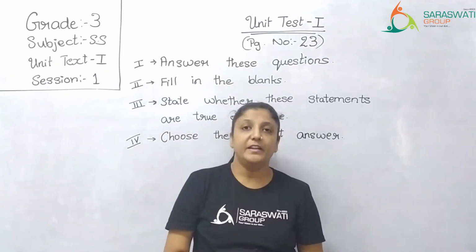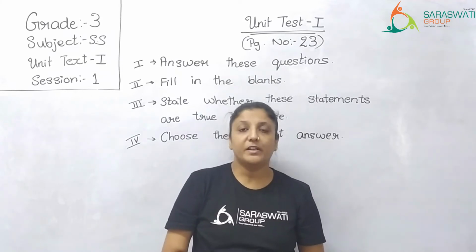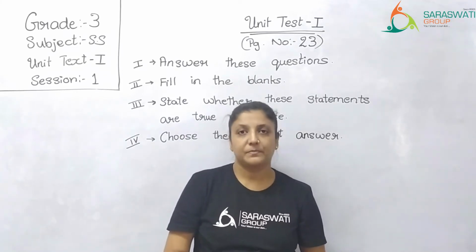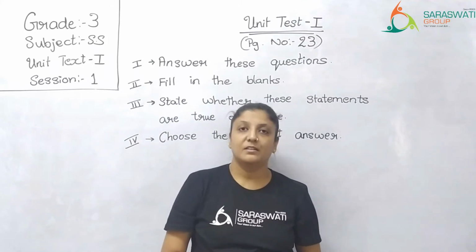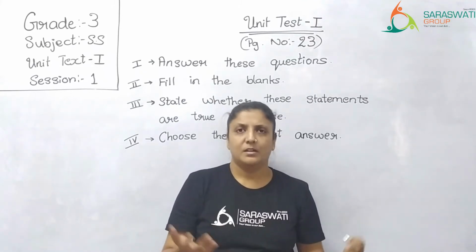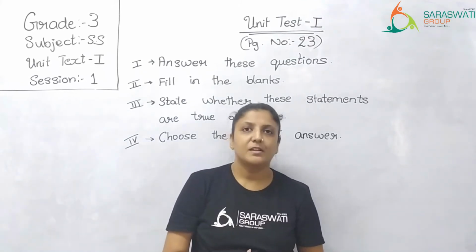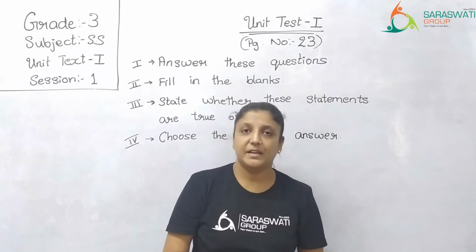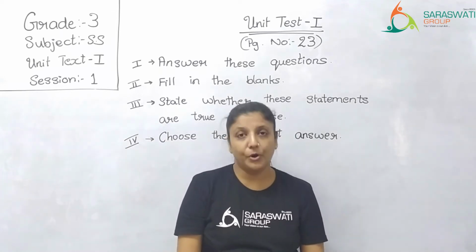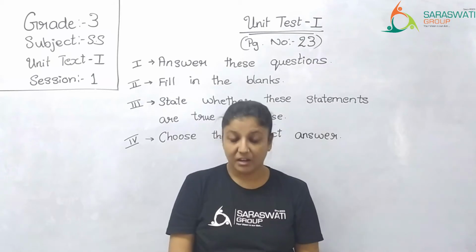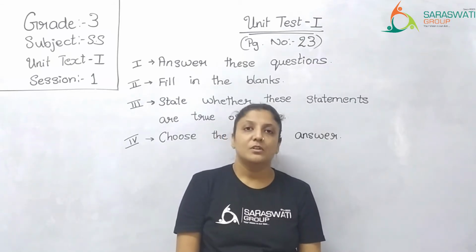Clear? Next question. Question number 5. What is an atlas? You already know what an atlas is. Correct? So what is it? A book of maps? Yes. So the answer is, an atlas is a book that has a collection of maps.